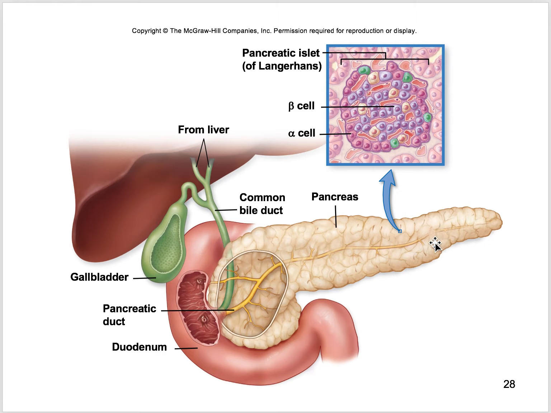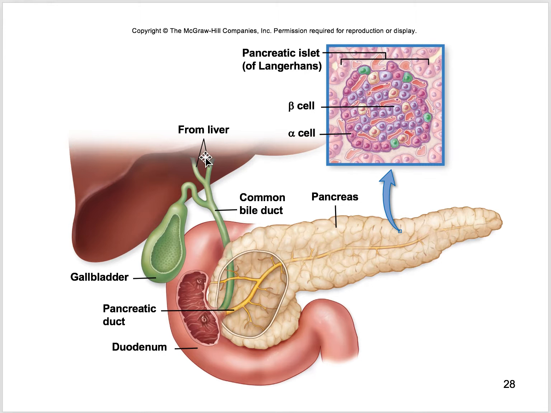The pancreas produces those pancreatic enzymes, trypsin and chymotrypsin, pancreatic lipases, pancreatic amylase, and they go down this yellowish white tube in the center of the pancreas. Eventually, they converge in this tube right here called the pancreatic duct, and they come out into the duodenum through that hole right there.